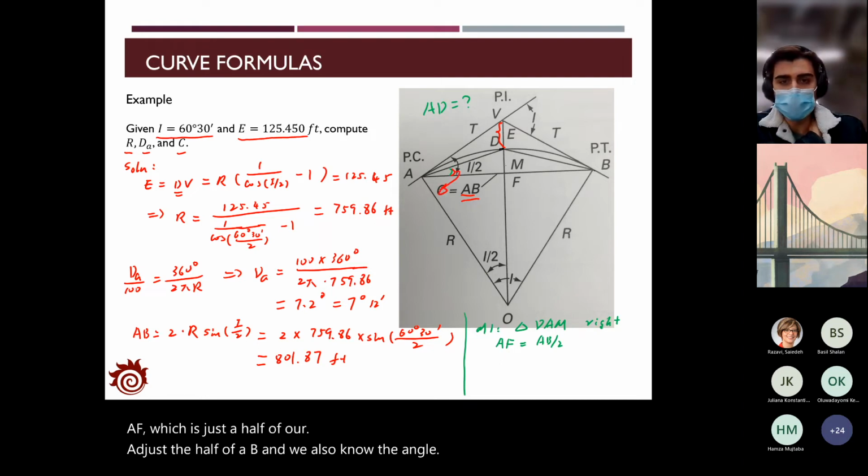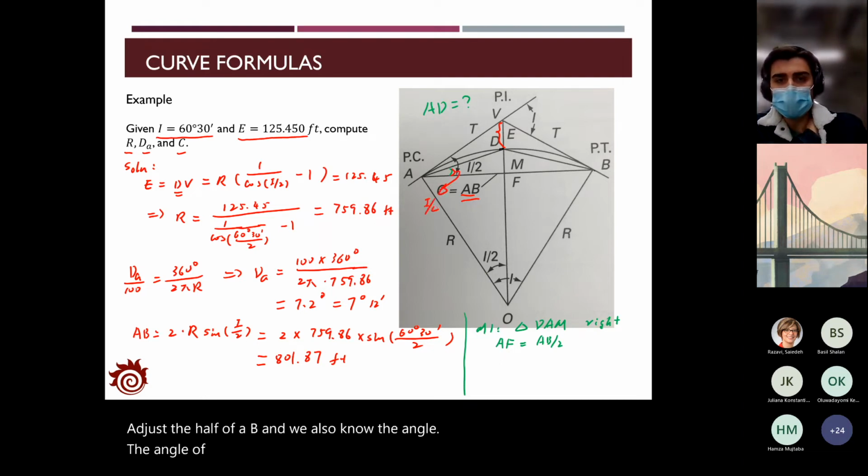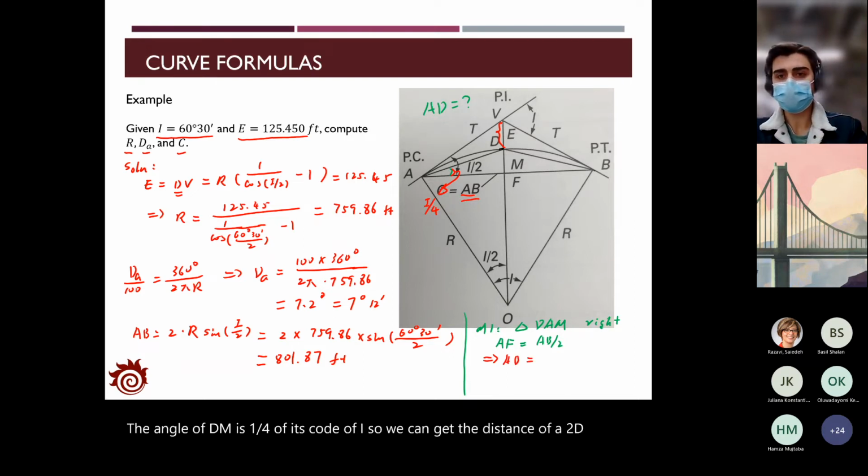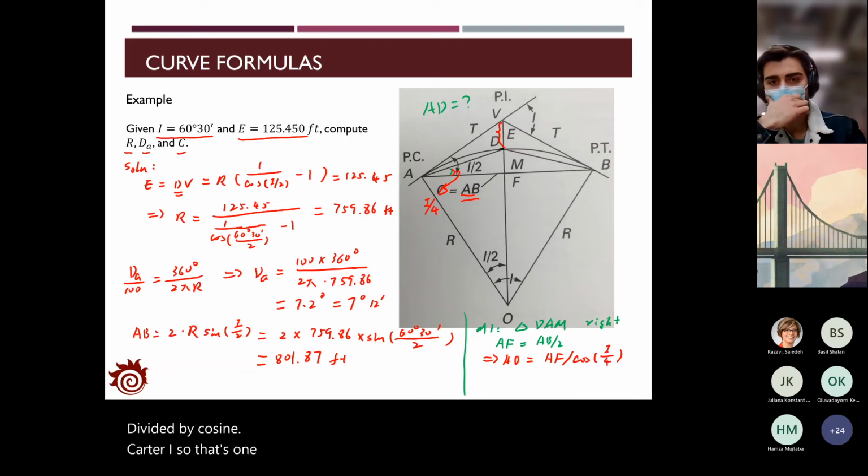The angle of DAM is a quarter of I, so we can get the distance of A to D as AF divided by cosine of a quarter I. So that's one method. I can also bring you another method, which will be simpler.